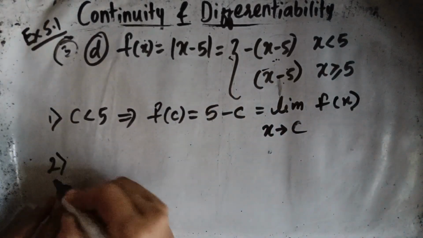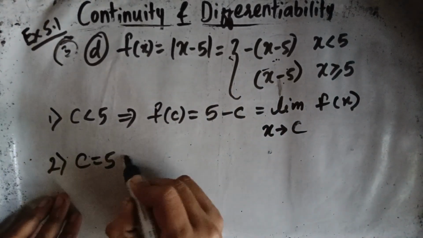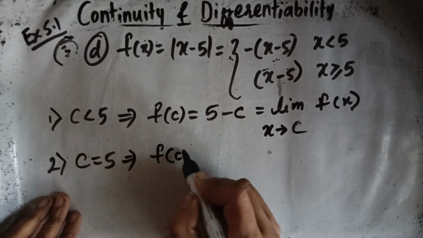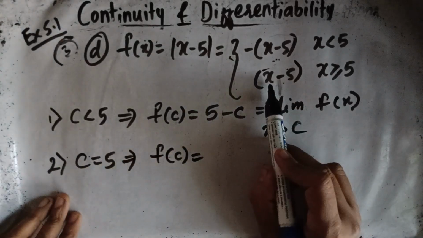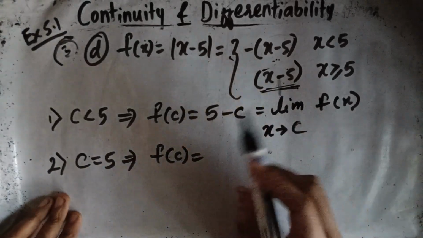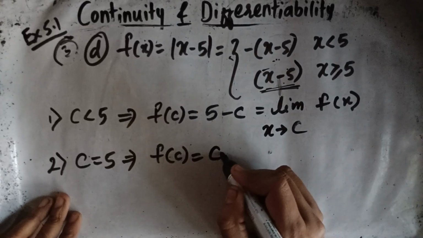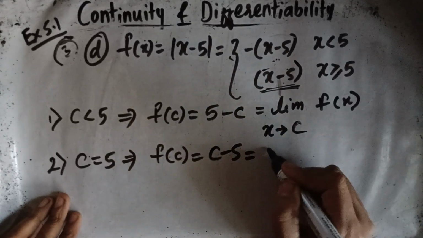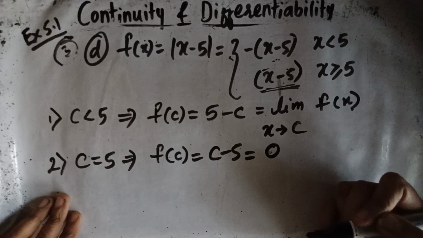Now the second condition is c equal to 5. For c equal to 5, f of c, you have to choose this function x minus 5. So this is c minus 5, which is 5 minus 5, 0.